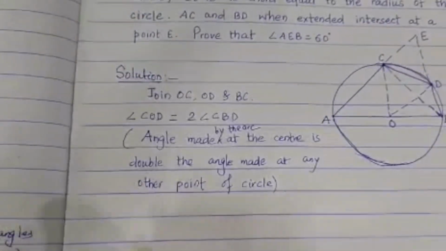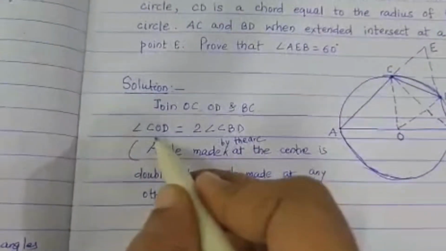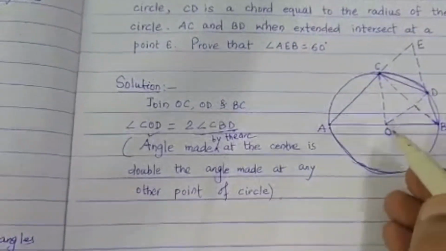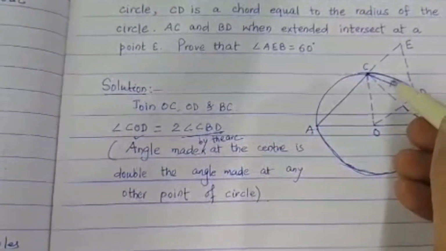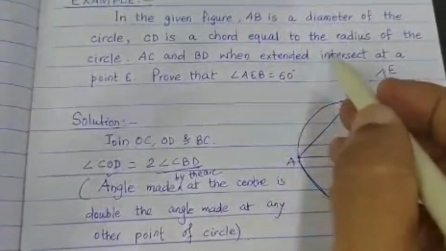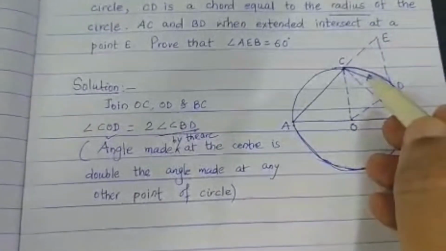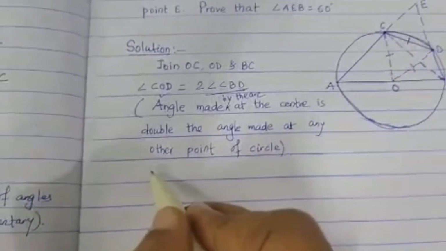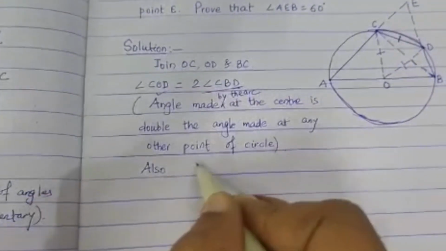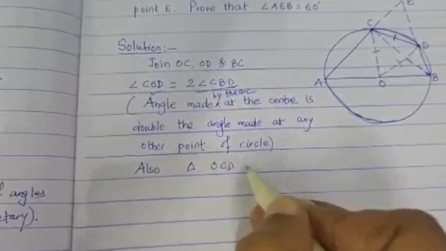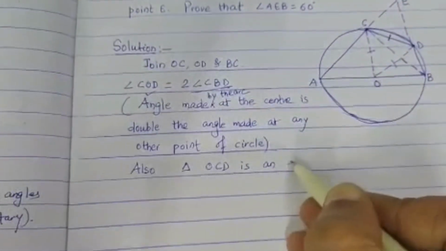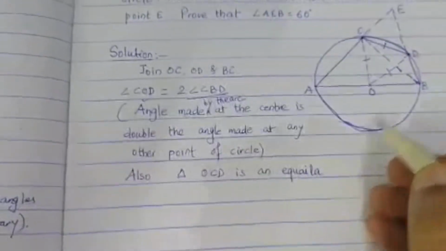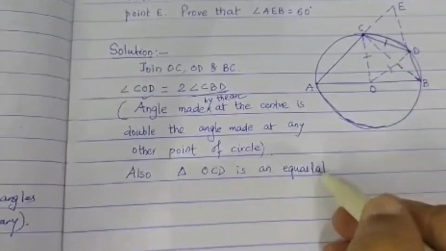Now angle COD is equal to twice angle CBD. Also, if you see, this chord is equal to the radius. So this is radius, and this is radius. That means triangle OCD is an equilateral triangle, because all the sides are equal to the radius of the circle.